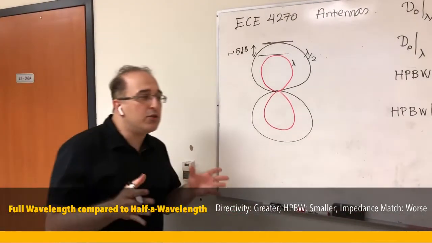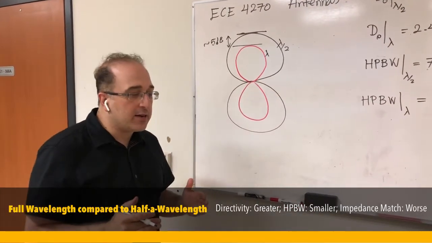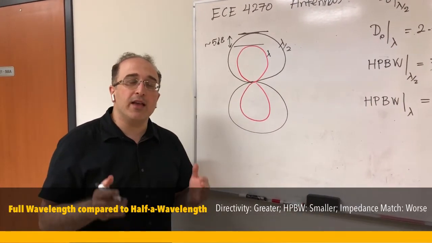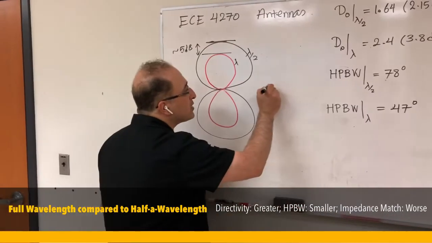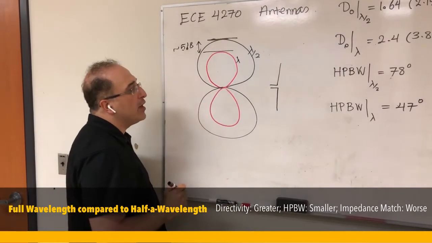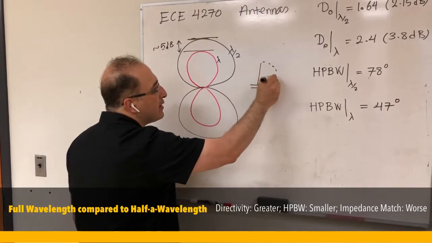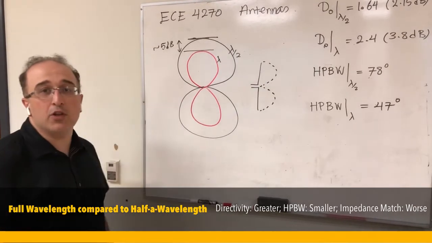One thing that we need to be careful about is that when we are measuring, we need to also take into account the effect of impedance mismatch. As you remember from the course, if I have a full wavelength dipole antenna, the current tends to be very small at the input port of the dipole antenna.